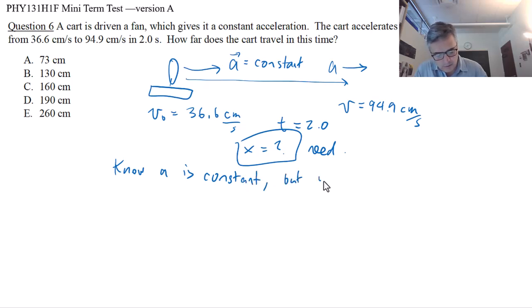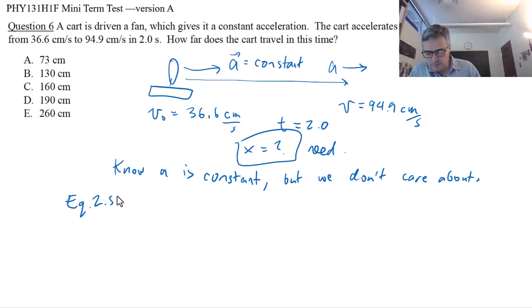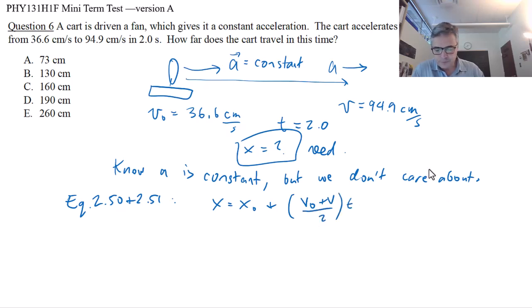So choose the equation that doesn't contain a, which would be that last one, a combo of equation 2.50 and 2.51 from your text, which looks like x is equal to x0 plus v0 plus v divided by 2 times t. We'll define, I guess, x0 equals 0.